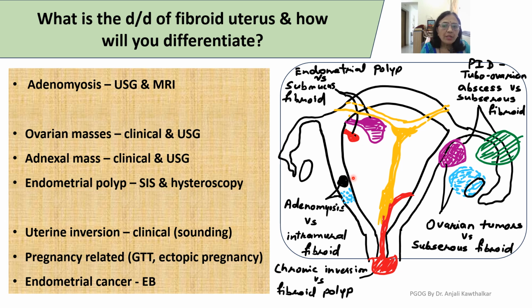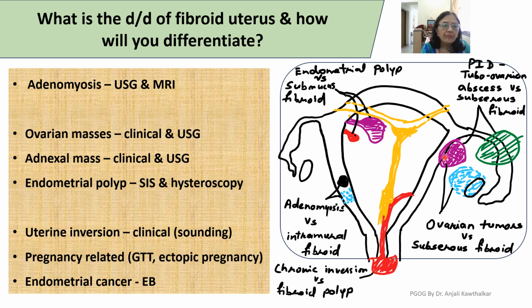Clinically, we can differentiate, and ultrasonography imaging also can help us to differentiate between these conditions, such as ovarian mass and subserous fibroid, and adnexal mass, for example tubo-ovarian abscess in a case of pelvic inflammatory disease.